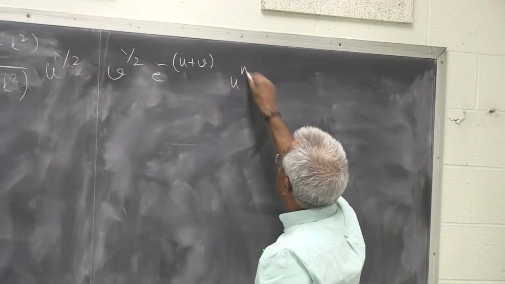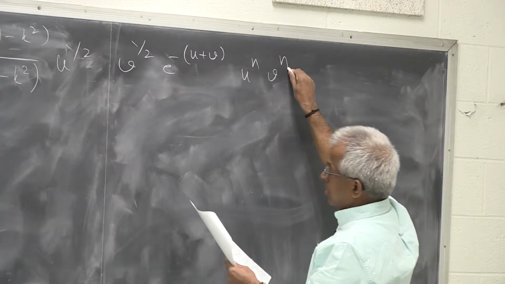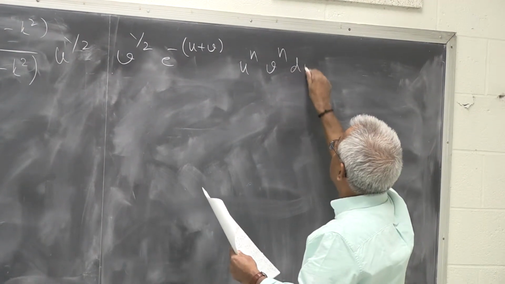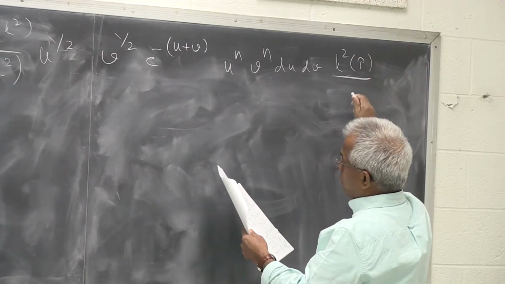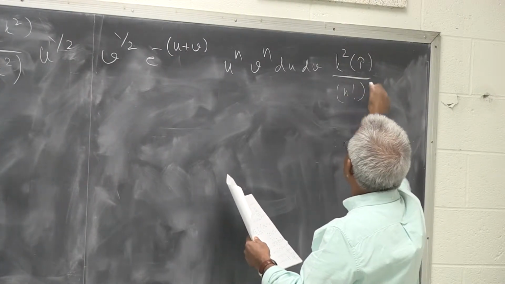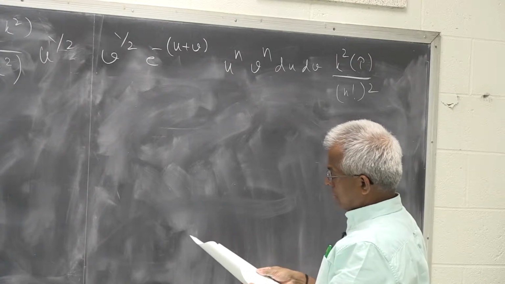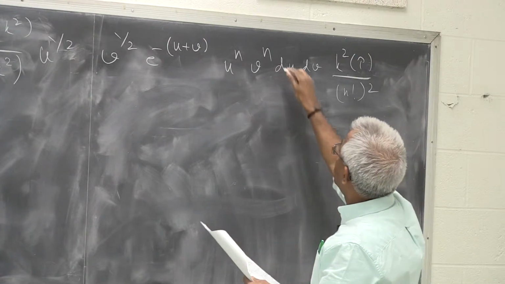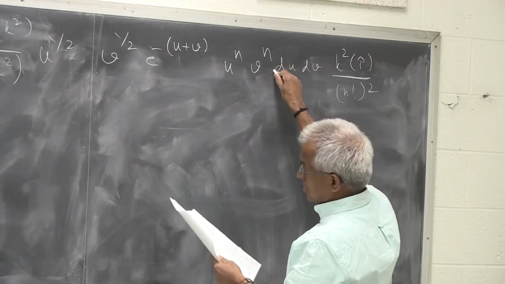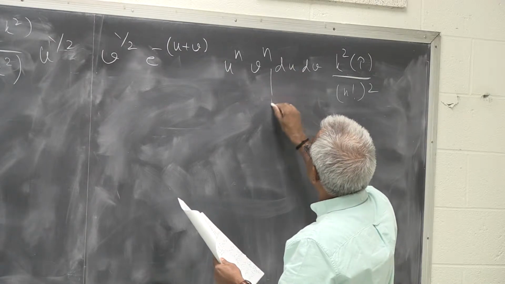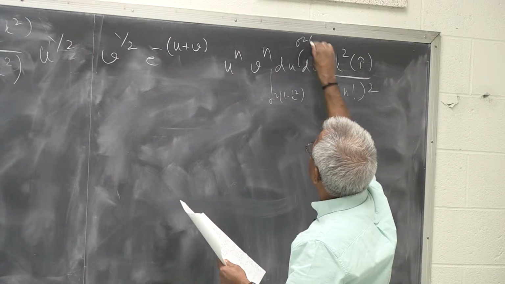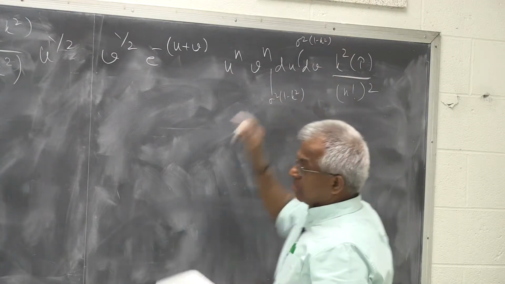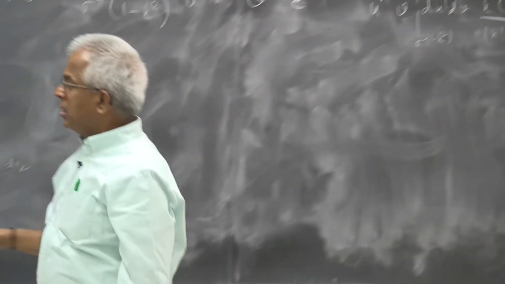And then you have u^n, v^n, du, dv. Then you have k squared tau over n factorial squared. And here, of course, you have sigma squared multiplied by 1 minus k squared. Same thing here, sigma squared multiplied by 1 minus k squared, because look at here.